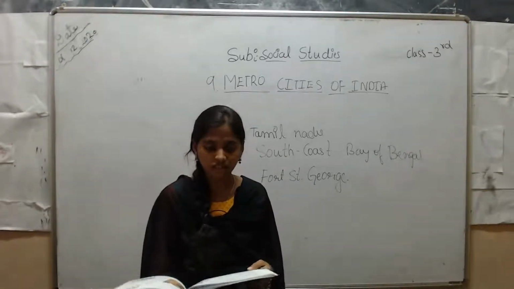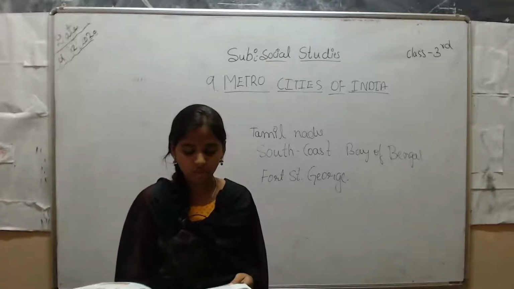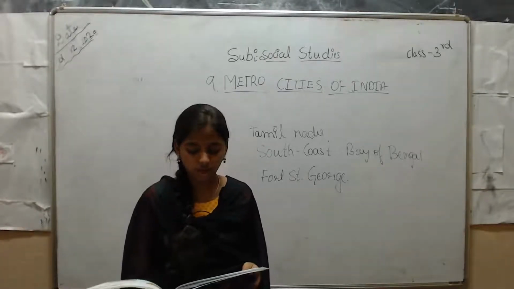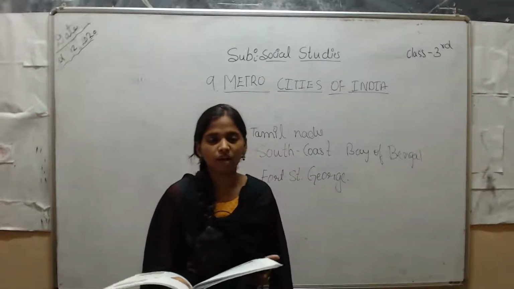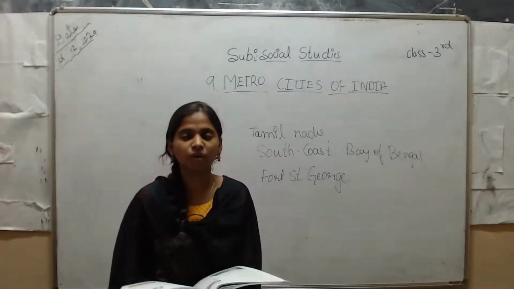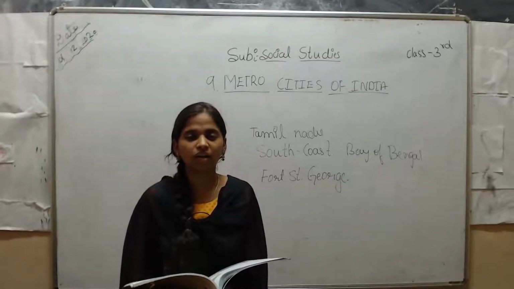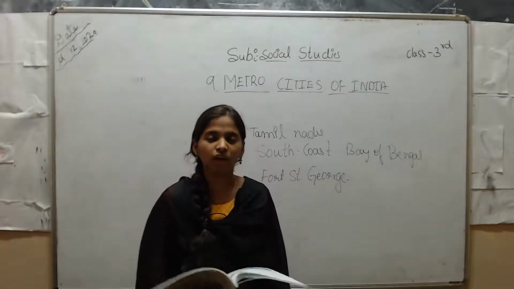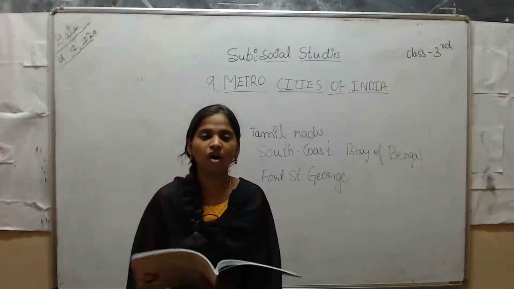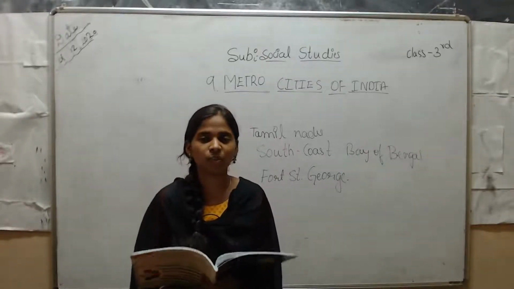So it has a successful automobile industry, which is why it is called the Detroit of India. So Chennai has one more name, that is Detroit of India. That is because of the well grown and well known automobile industry. Automobiles means cars, vehicles.